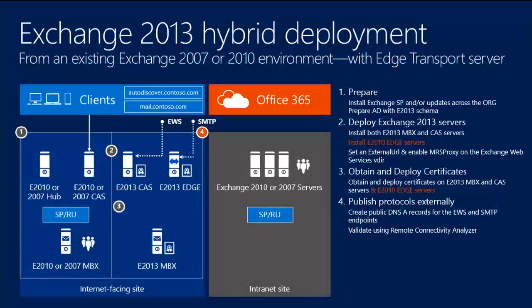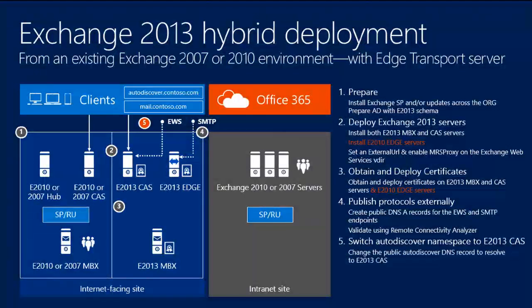And then we will publish those externally, make sure DNS knows where we are. You can always validate using the connectivity analyzer if you're not familiar with that. Do a search for Exchange Remote Connectivity Analyzer, and you will find that. Finally, switching the Autodiscover namespace, and then running the hybrid wizard.